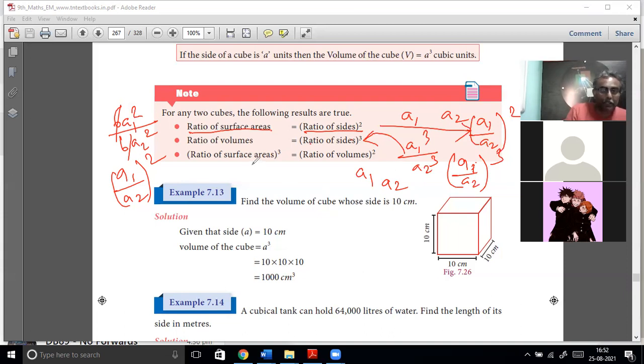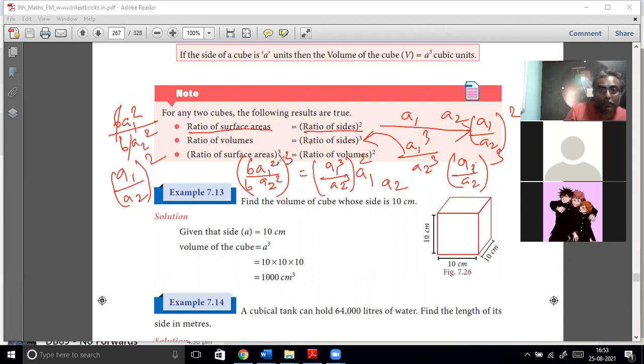That means surface areas 6A1 squared by 6A2 squared. Now if you cube this, you get A1 to the power 6 by A2 to the power 6. And the ratio of volumes squared is A1 cubed by A2 cubed the whole squared.